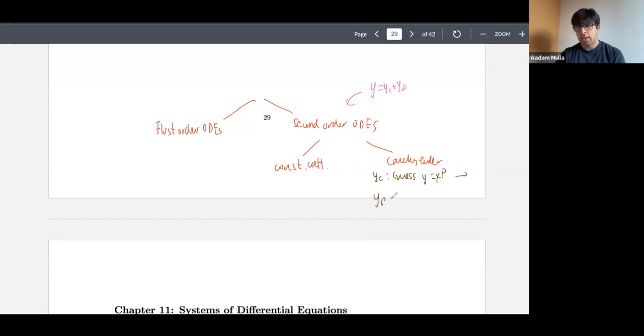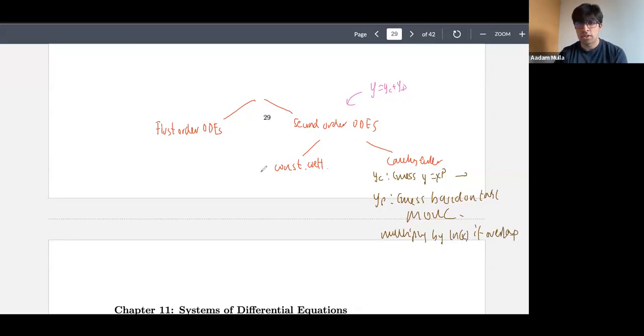To find yp, we guess based on the table. That's called the method of undetermined coefficients. Just be smart with your guesses. Make sure to multiply; here we multiply by ln of x if there's overlap.